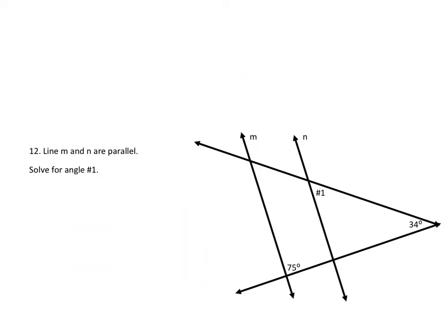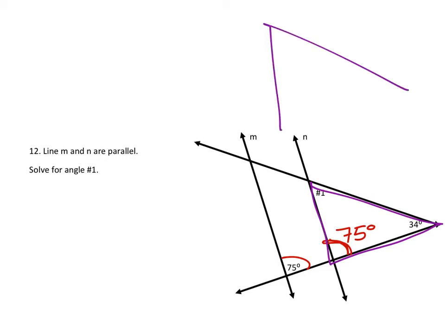Solve for angle 1. Lines M and N are parallel, which is important to know. Since this is 75 degrees, then its corresponding angle here would also be 75 degrees. And then all I'm doing is looking at this triangle by itself. So you could draw it aside if you wanted to. This is 34 degrees.